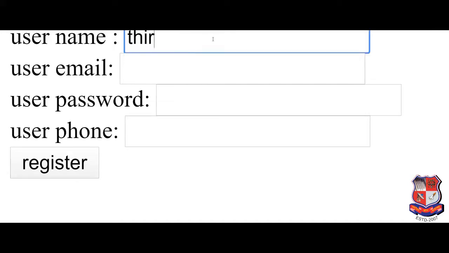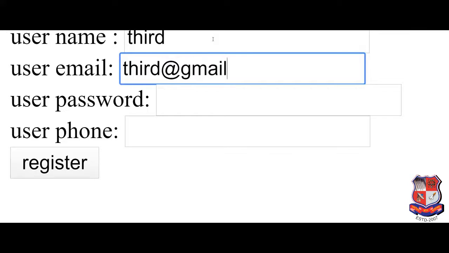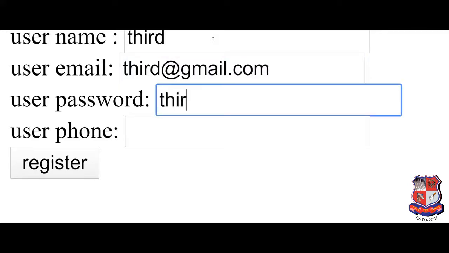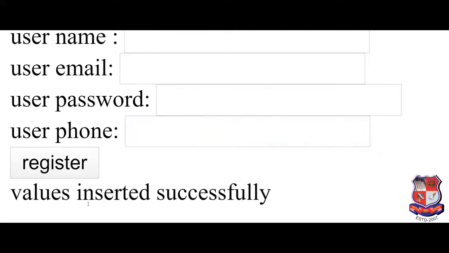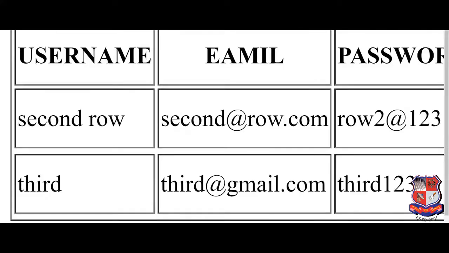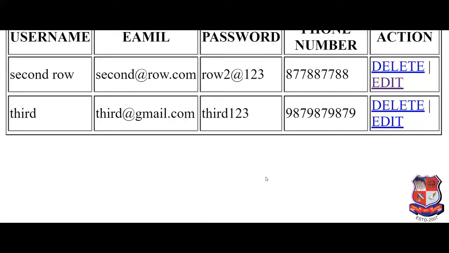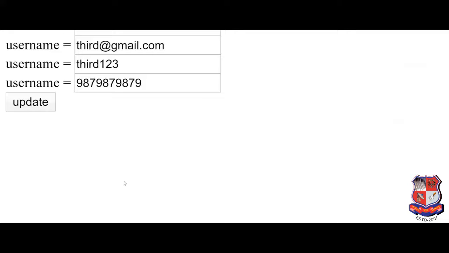So let's enter the third one, insert third@gmail.com, third 123, 987. Let's register and display the data. This one is getting displayed when we click on the edit.